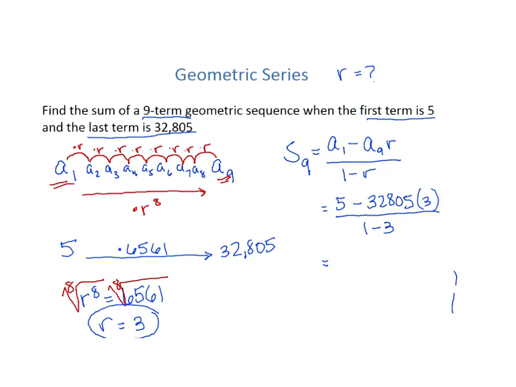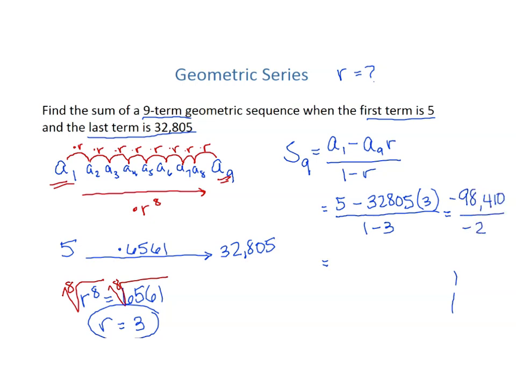All right, so I'm going to turn to my handy-dandy calculator. I've got 5 minus 32,805 times 3. And then I'm dividing that number by 2. Just so you can check, I got negative 98,410 for this top part.